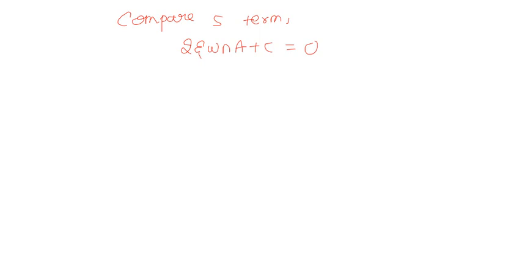We know that A equal to 1, substitute A value here, that is 2 zeta omega n into 1 plus C equal to 0. So from this we are getting C value as minus 2 zeta omega n.